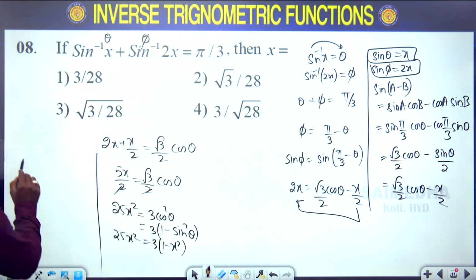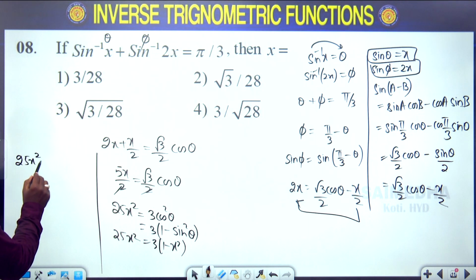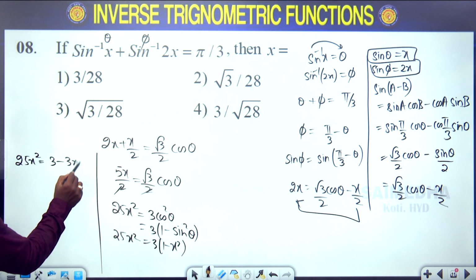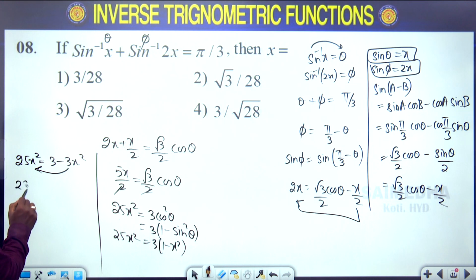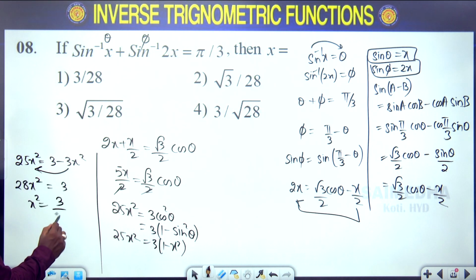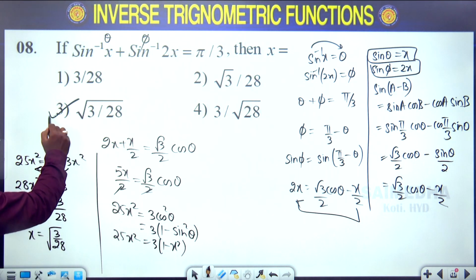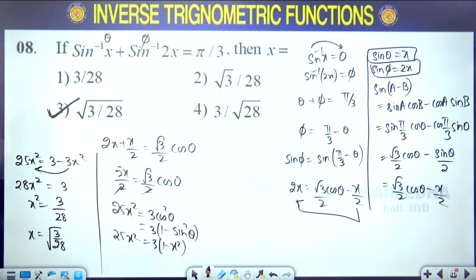So 25x square is equal to 3 minus 3x square. Minus 3x square going to the left hand side, 28x square is equal to 3. x square is equal to 3 by 28. x is equal to root of 3 by 28. Root of 3 by 28 is going to become your correct answer. Go through it once.